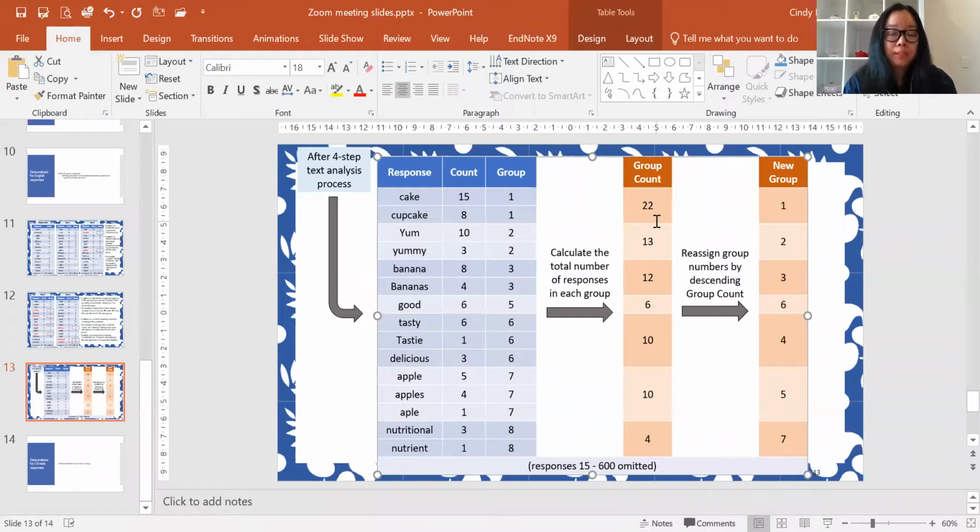And then you will reassign the group numbers, because now that you have gone through the 4 steps, especially after step 4, some of the groups might be larger or smaller because of the addition of the rare and low frequency responses. Finally, you'll have your group number, and you can assign these group numbers by the values that they capture.